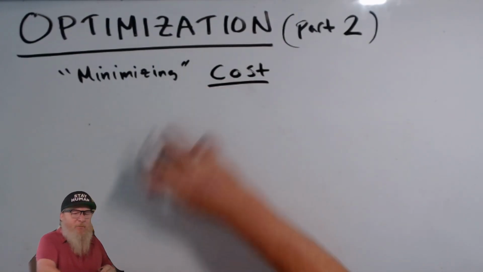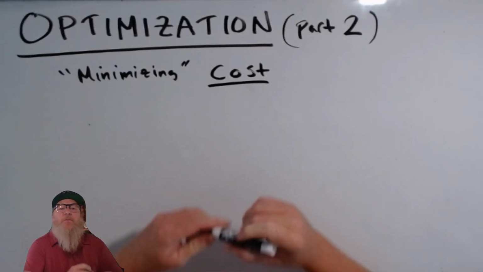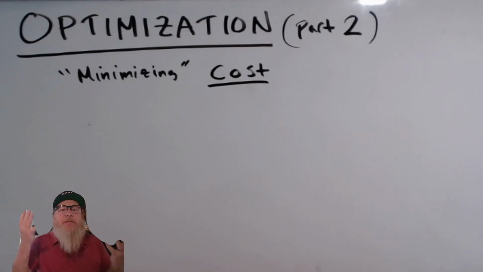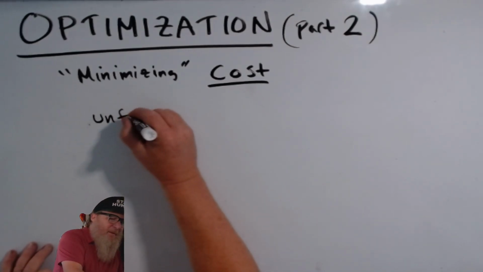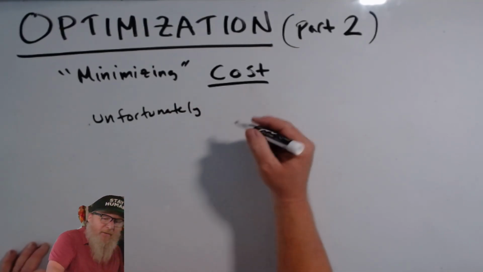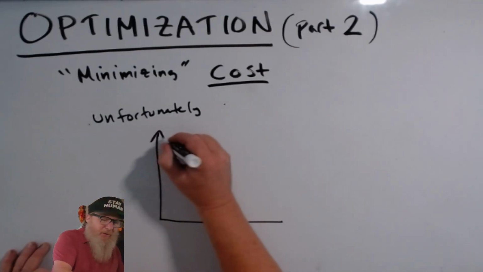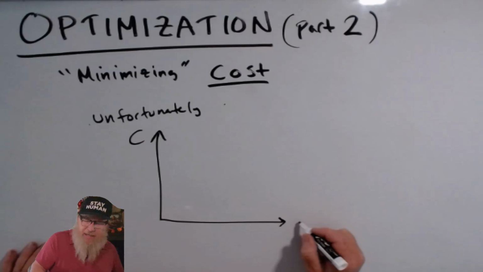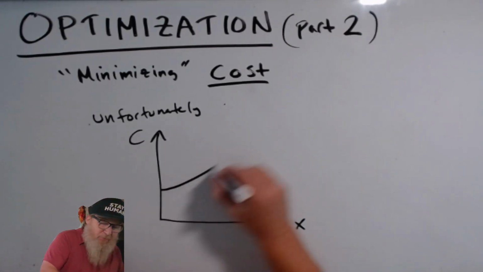That's the one function in this course where it would be nice to be able to spend the least amount of money, right, to minimize our cost. Unfortunately, this is very difficult to do. Cost, generally, if you think about C of x, cost is generally rising.